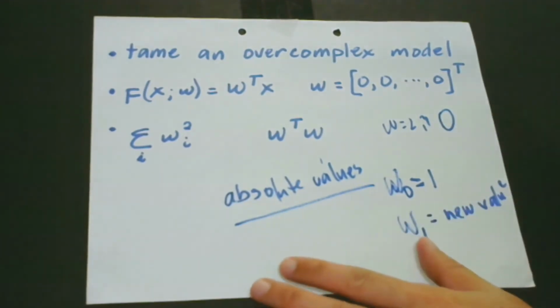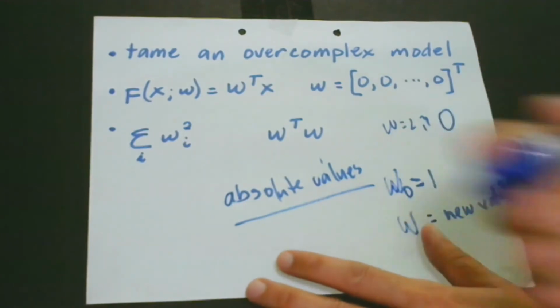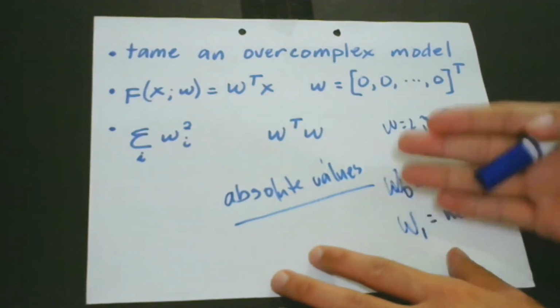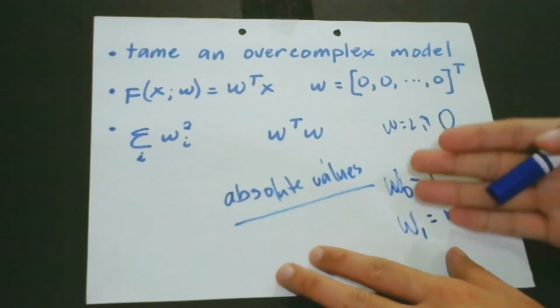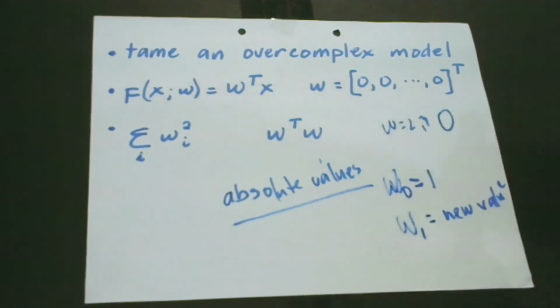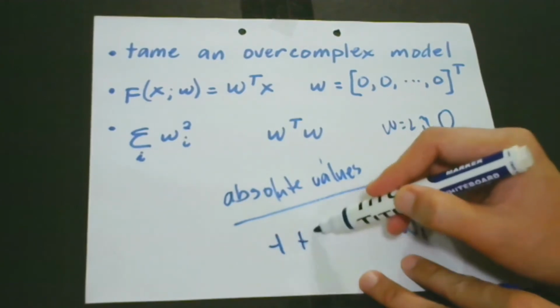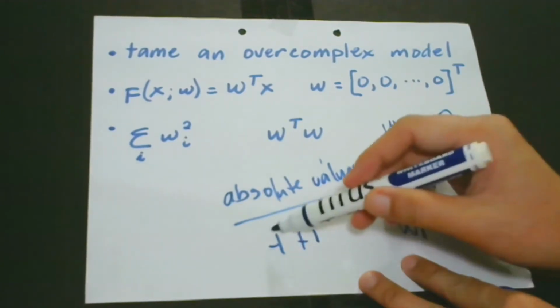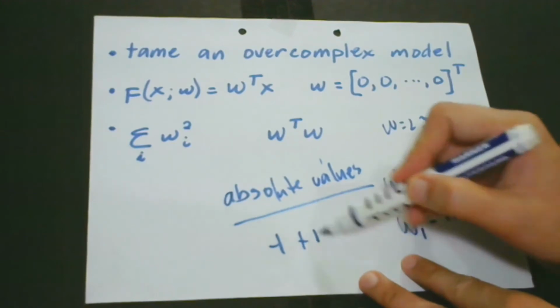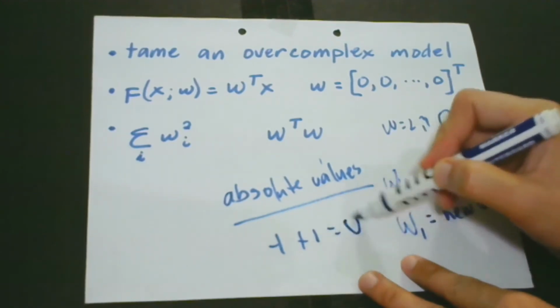Why do we have to consider the absolute values only? The reason is that the positive and the negative values will cancel each other. Supposing we have -1 and then we have +1, then -1 plus 1 will give us the answer 0.